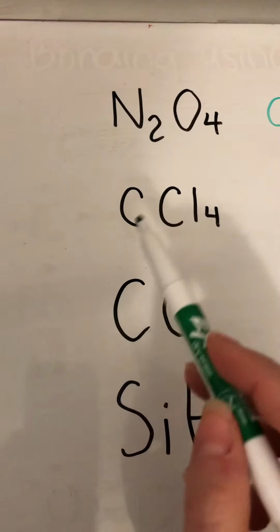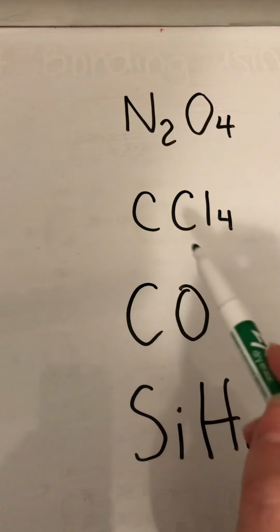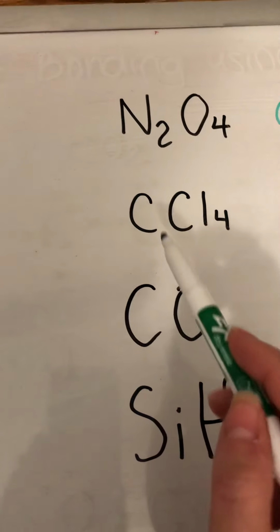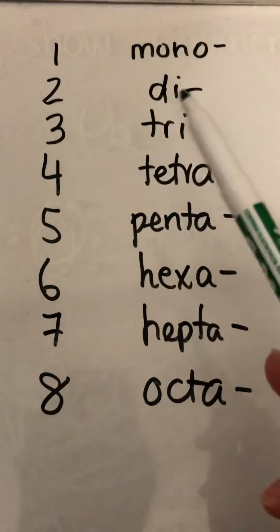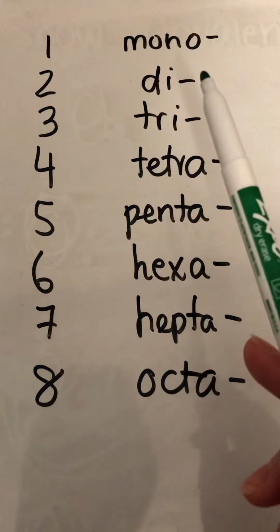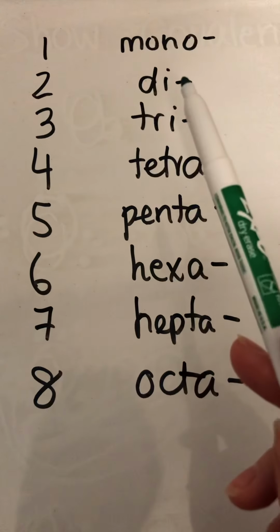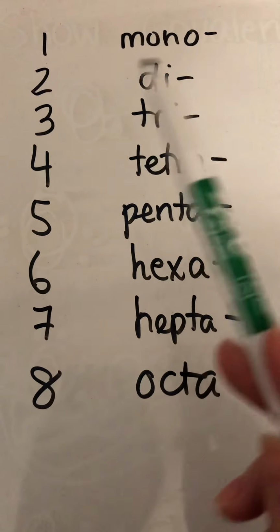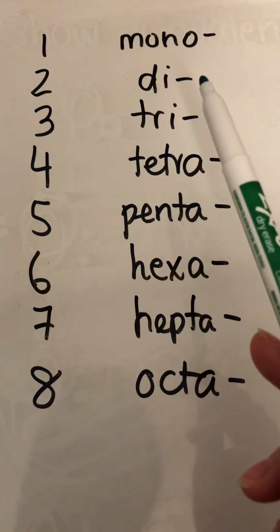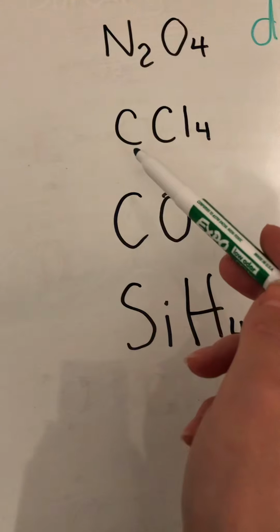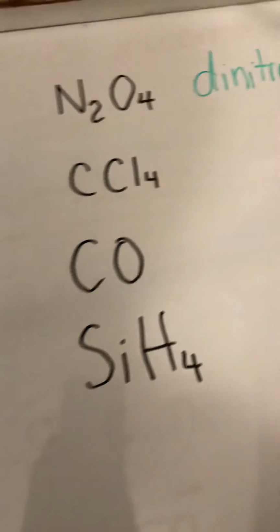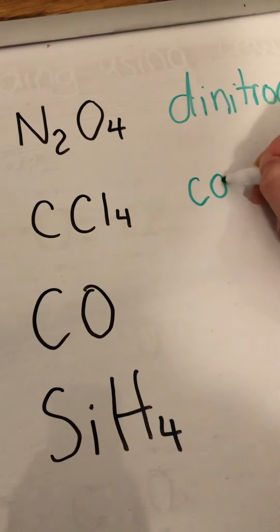Let's try the next one. So we have carbon, we have chlorine, we have 1 atom of carbon. So normally 1 is mono. However, we never write mono for the first element in the compound. So for this, we just start with carbon.